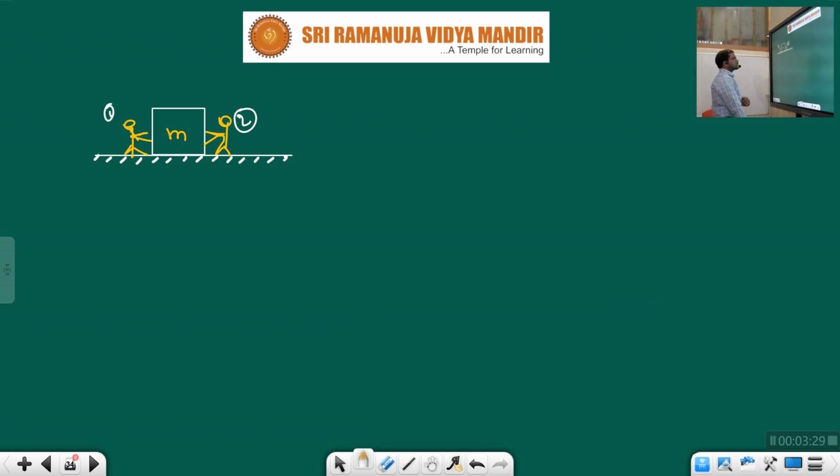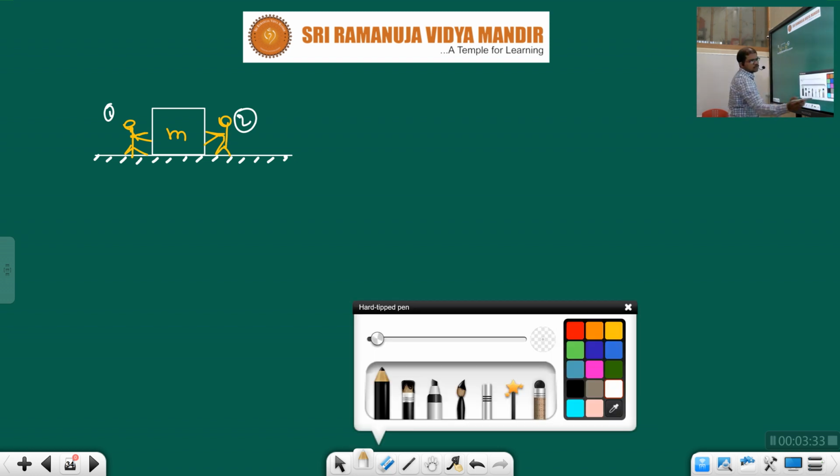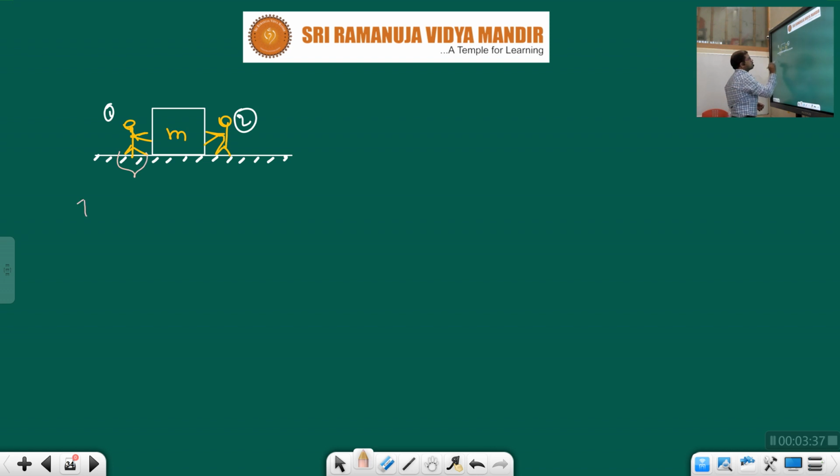See, children, the objective of the first person is to move the block. His aim is to move the block, and he is trying to move it. But what is the second person doing?